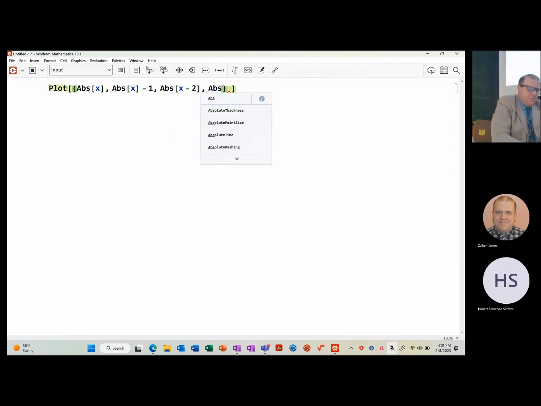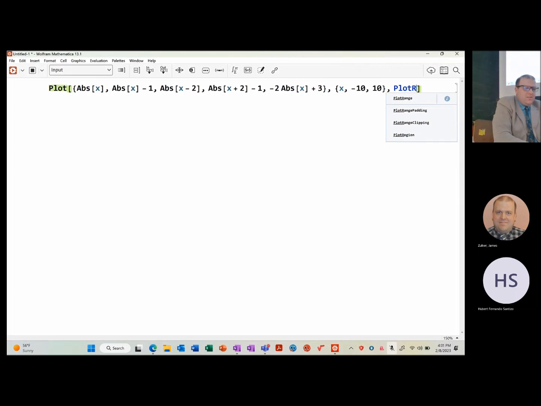Then it was absolute of x plus 2 minus 1. And then it was negative 2 absolute of x plus 3. Let's go minus 10 to 10.